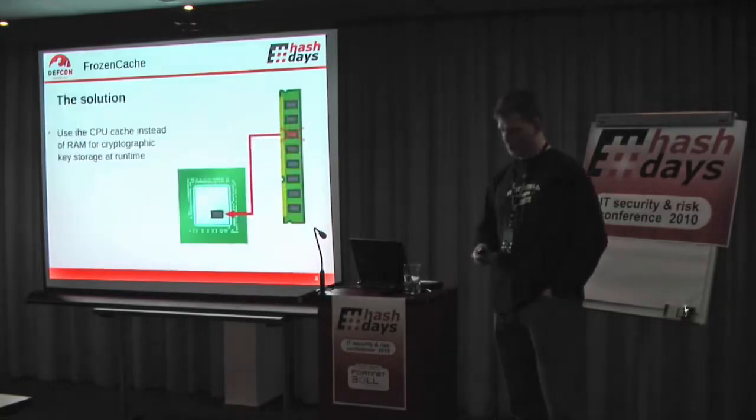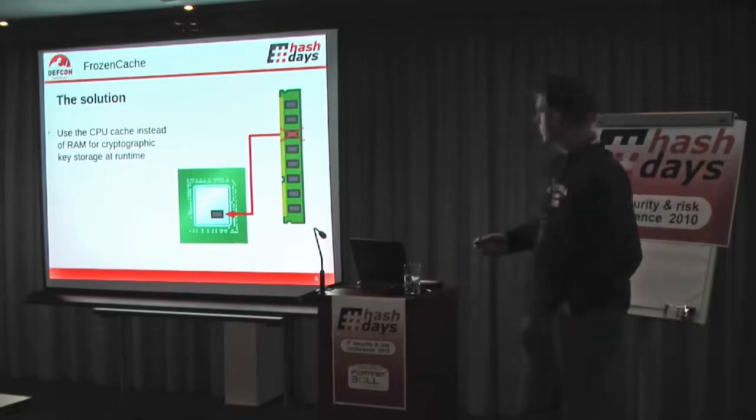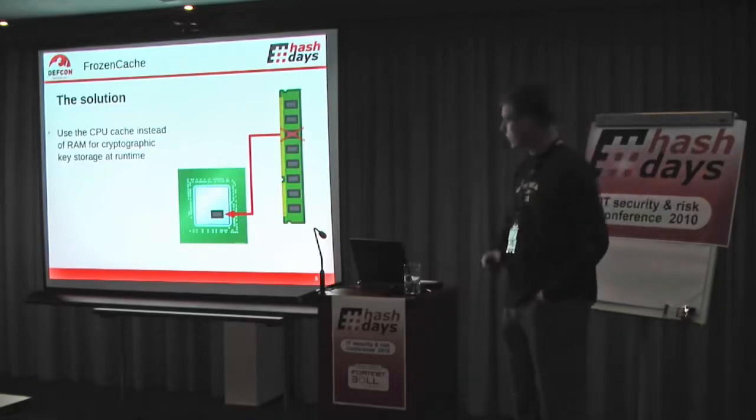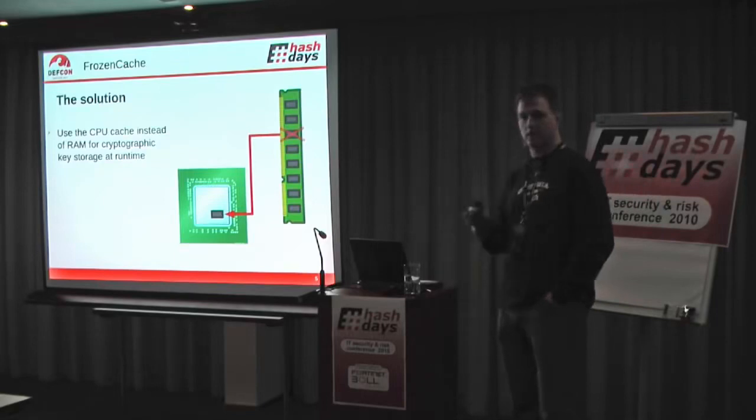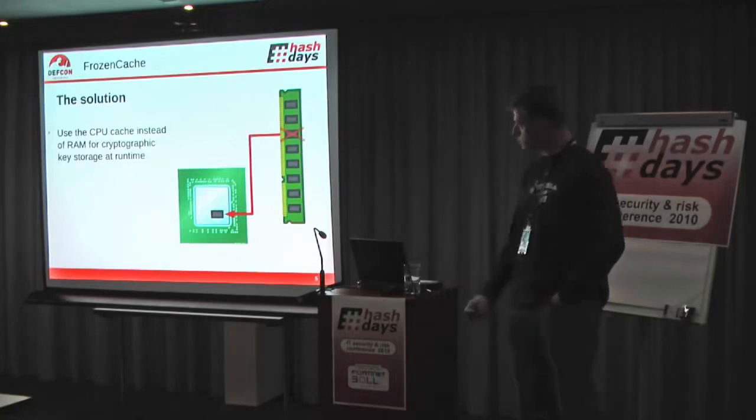So, the solution to this attack scenario is, well, let's sacrifice some CPU cache, which sits inside the chip, and store the key there, and leave everything else out in memory.